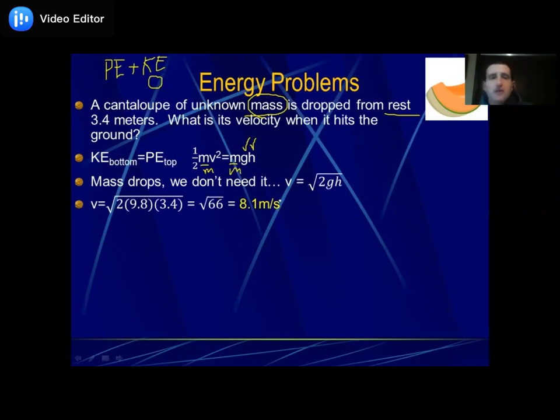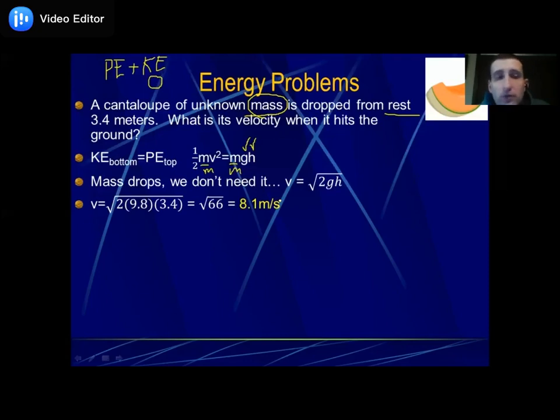And you notice that's a little bit smaller than the ladder problem when I dropped off the ladder. But again, as we consider the fact that the mass drops out, if we are ignoring air resistance, it doesn't matter what you drop from that height, the velocity it's going when it hits the ground will be the same. So the ladder was 4 meters tall, and it dropped, and we got 8.8 meters per second.